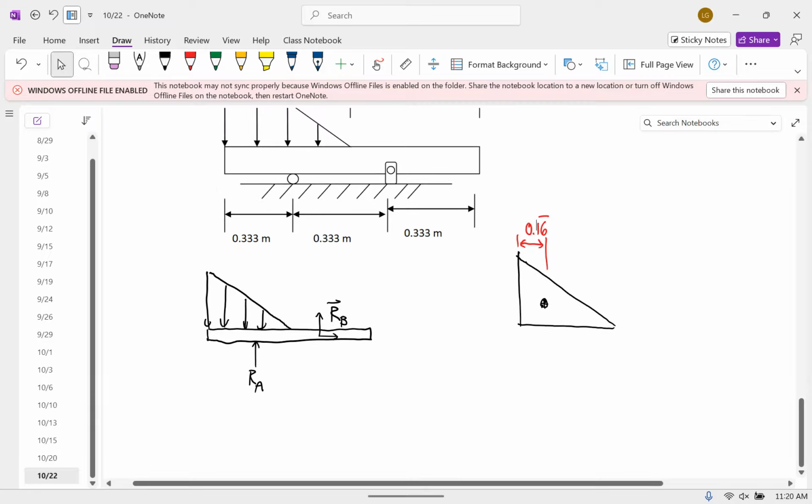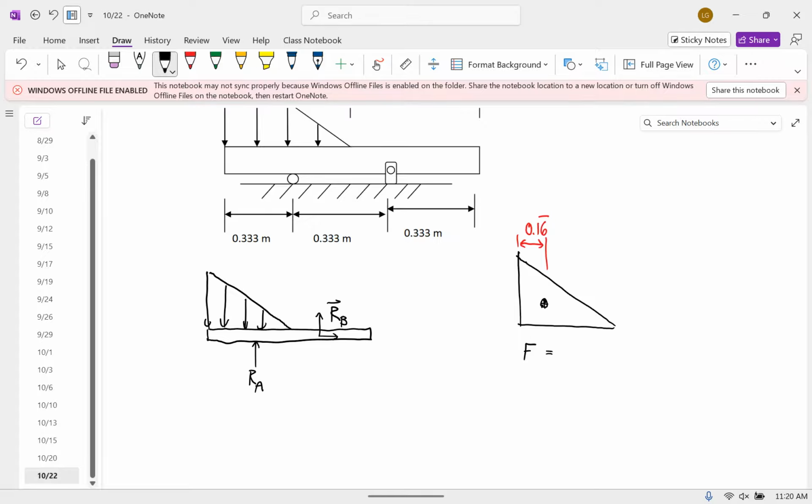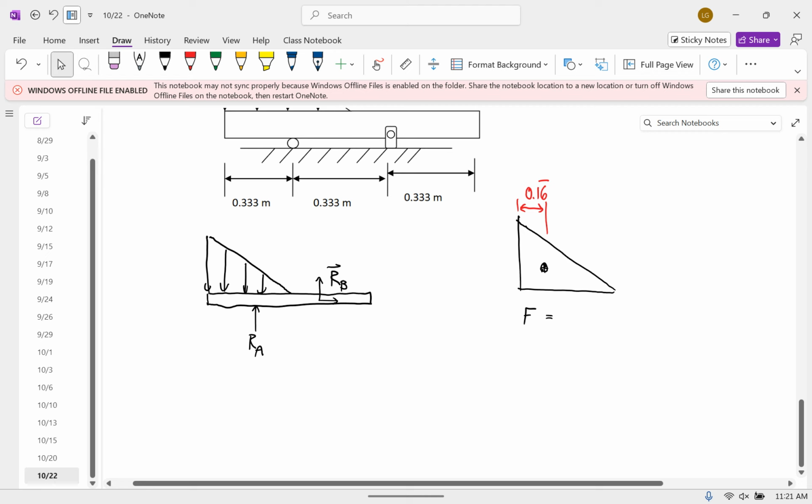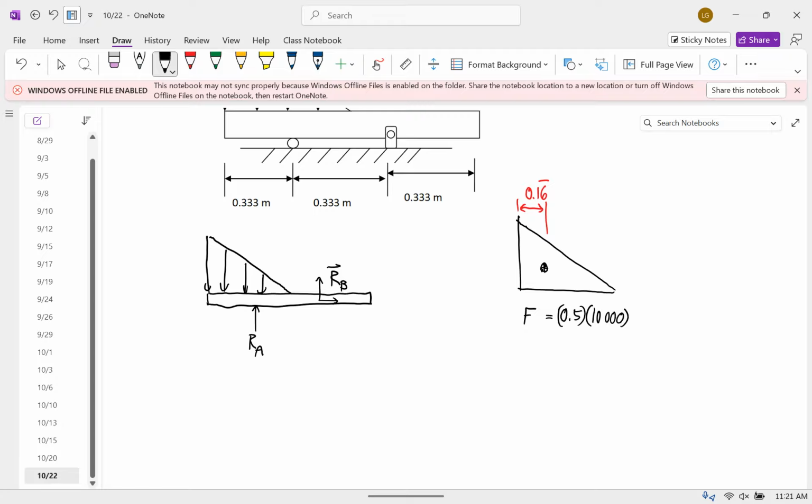And then the total force is the area of that triangle, which is the base times the height, so 0.5 times 10,000 divided by 2, so 2,500 newtons.